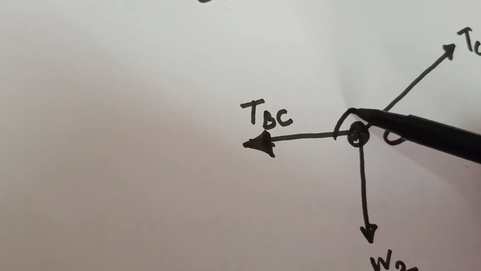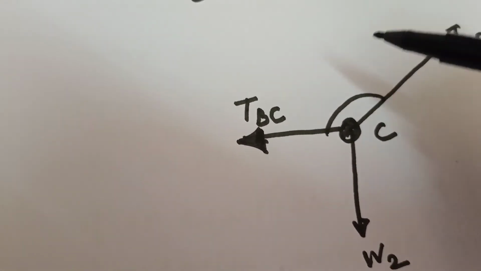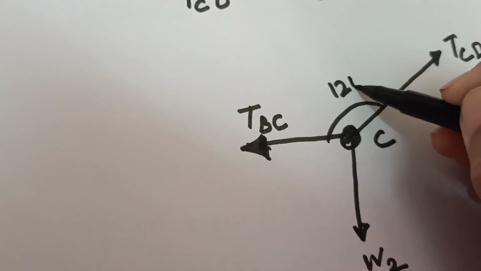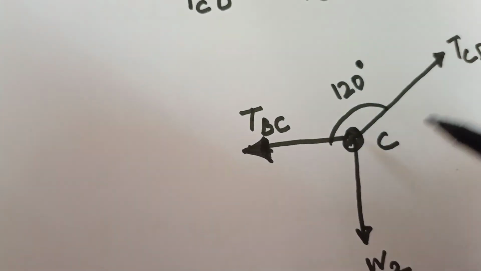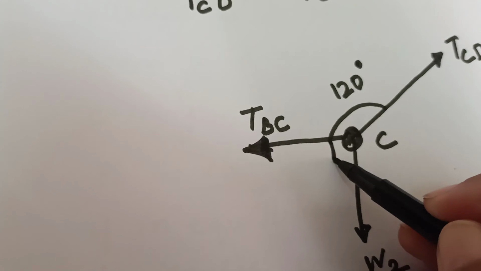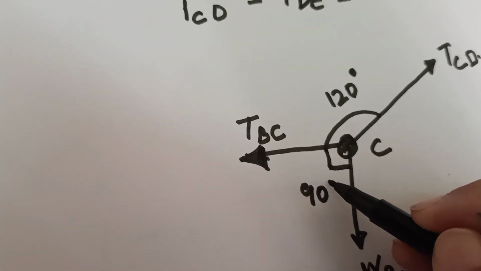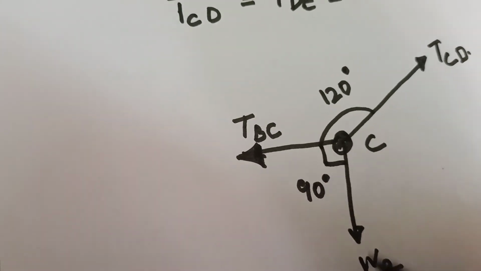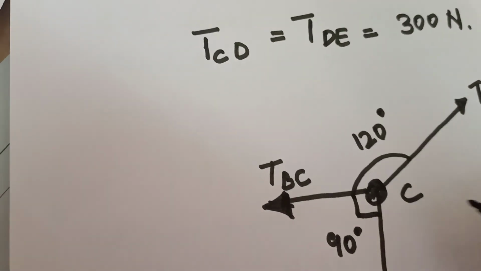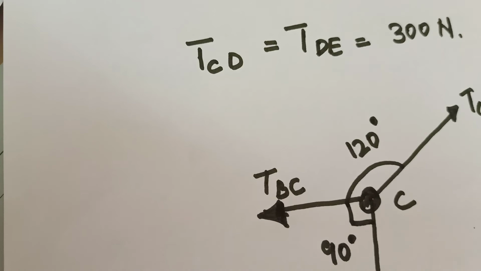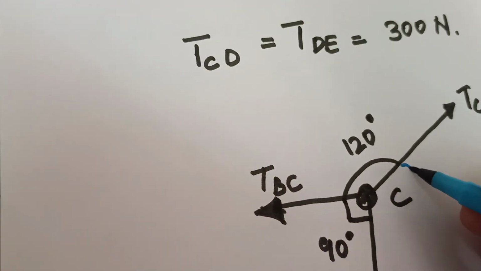The angle between BC and CD is 120 degrees. Also the angle between TBC and W2 is 90 degrees, because BC is horizontal and W2 is exactly vertical. So I can easily find the unknown angle.